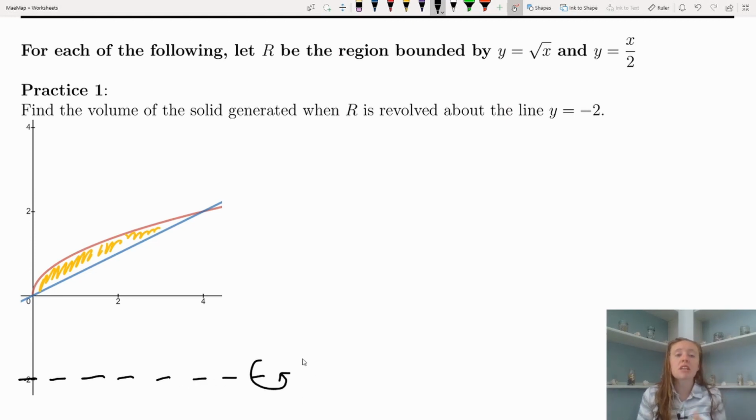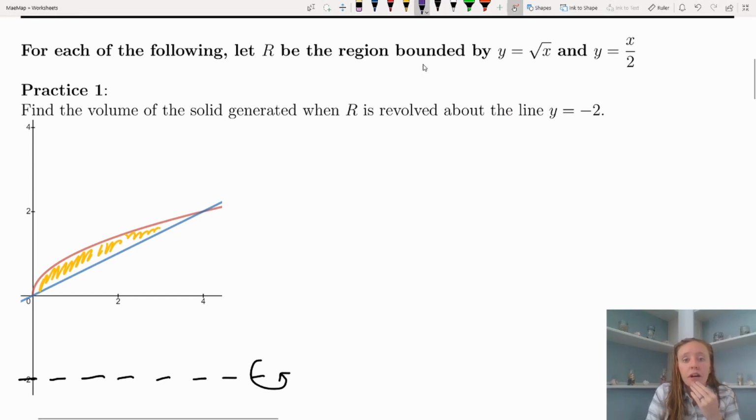Now, in this case it's going to be the washer method because we have 2 functions that we're bounded between. But I need to think about which way I'm going to be drawing my rectangles. Remember, when I rotate those slices around, I want a disk, not a shell. So I want some sort of washer, not a cylinder. But let's think about this.